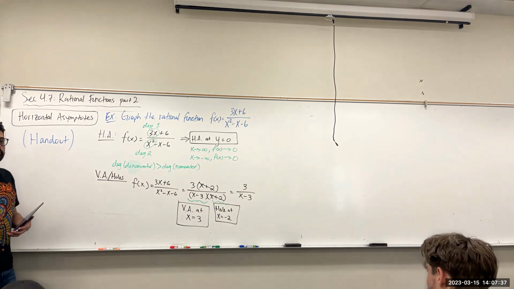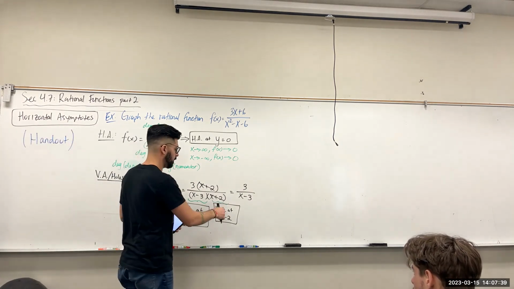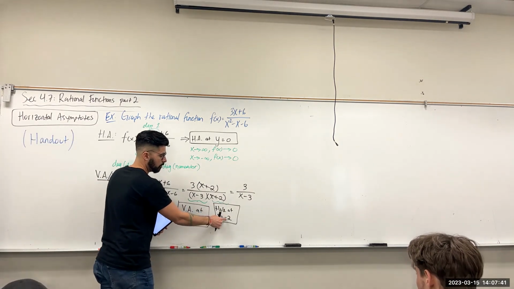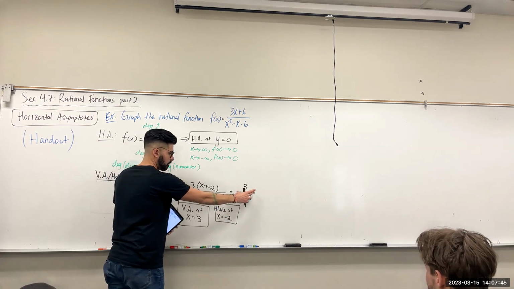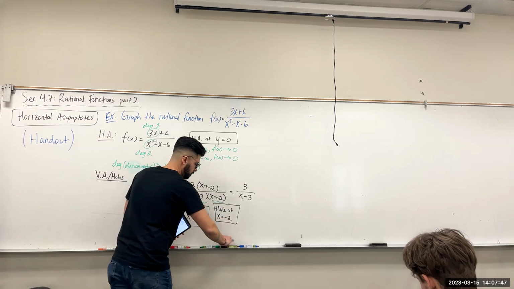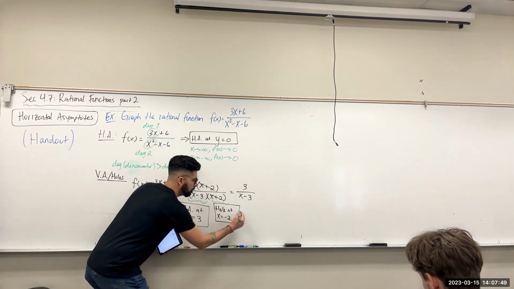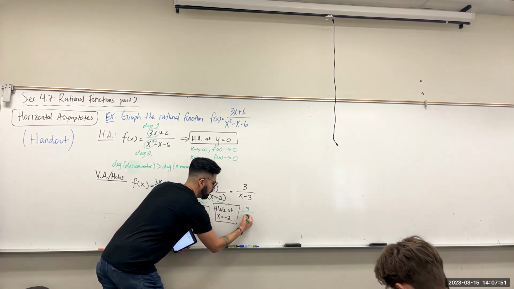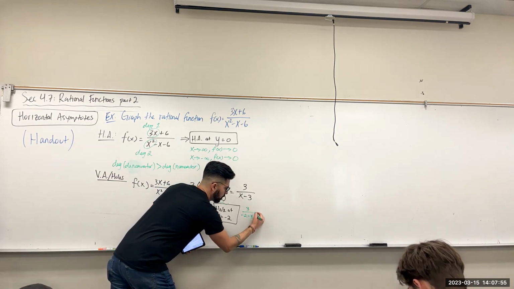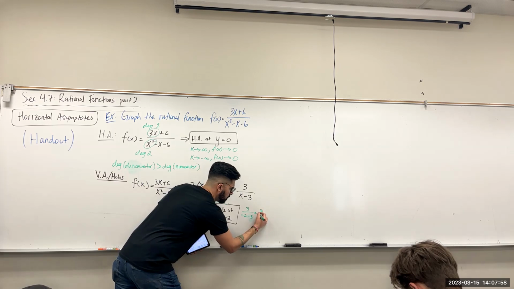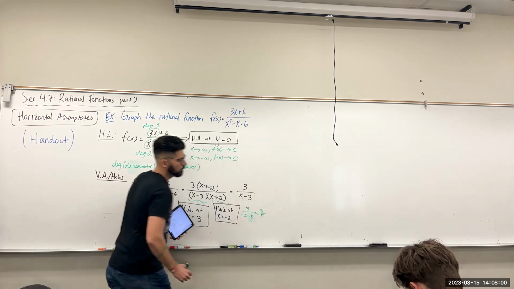We want to plug in our hole. Sure, let's plug it in. What do I plug it into? Into this simplified function. So we plug in -2 to get 3 over -2 minus 3, which is 3 over -5.